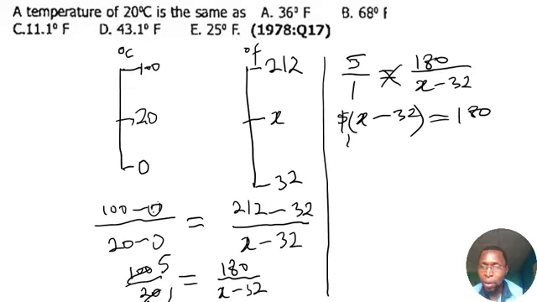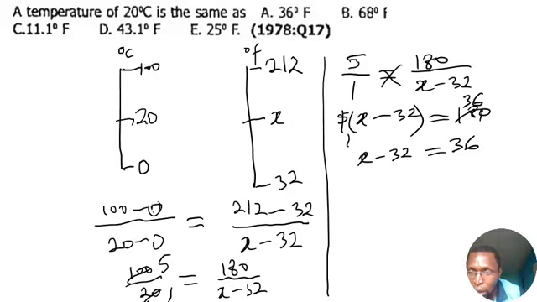Dividing both sides by 5, 5 in 18 is 3, remainder 3, 5 in 30 is 6. So we have x minus 32 equal to 36.